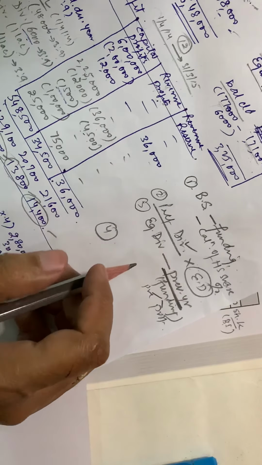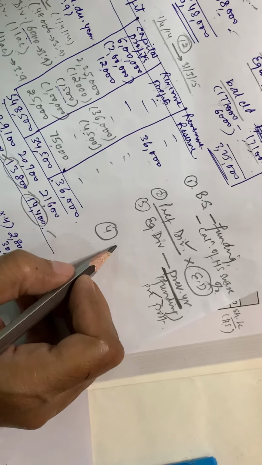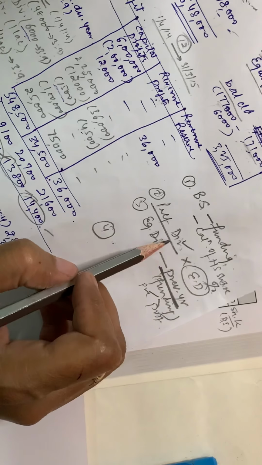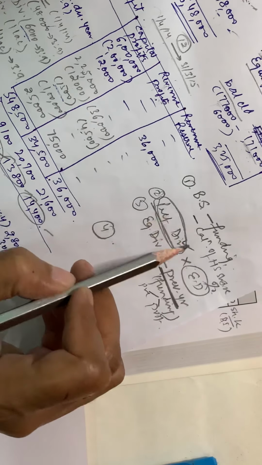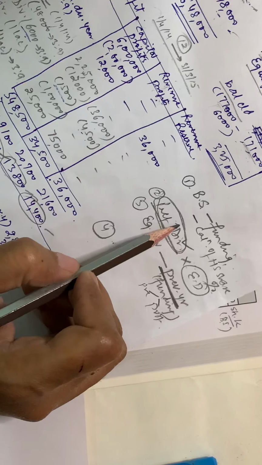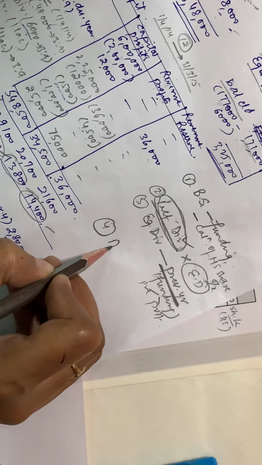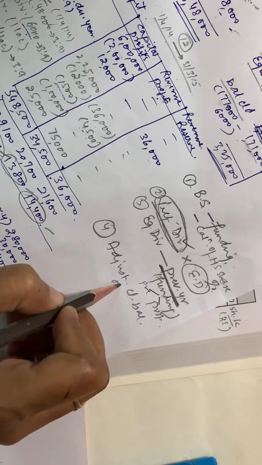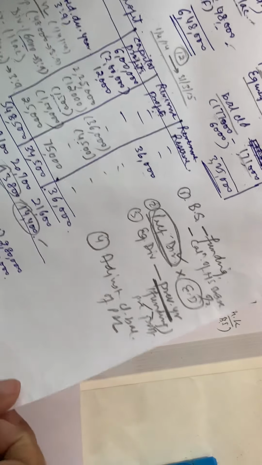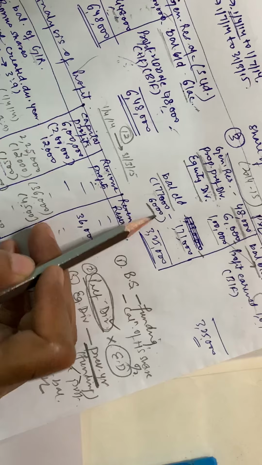Fourthly, if like in this question, preference dividend was not considered in all the figures which were given to you, in that case you will adjust the closing balance of P&L as well, as we have done over here. You have adjusted the closing balance of the P&L, this one.